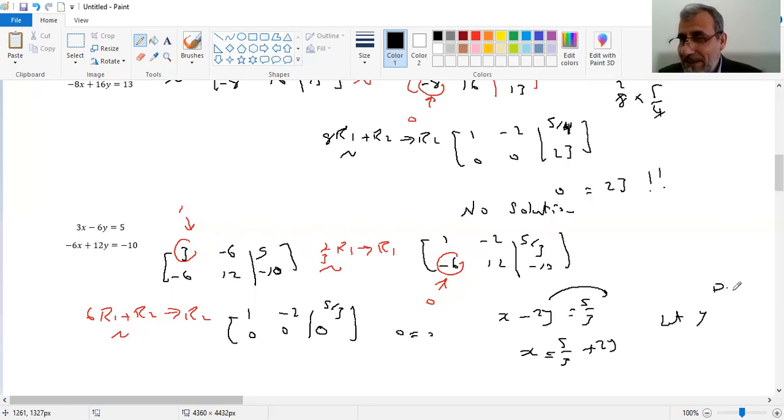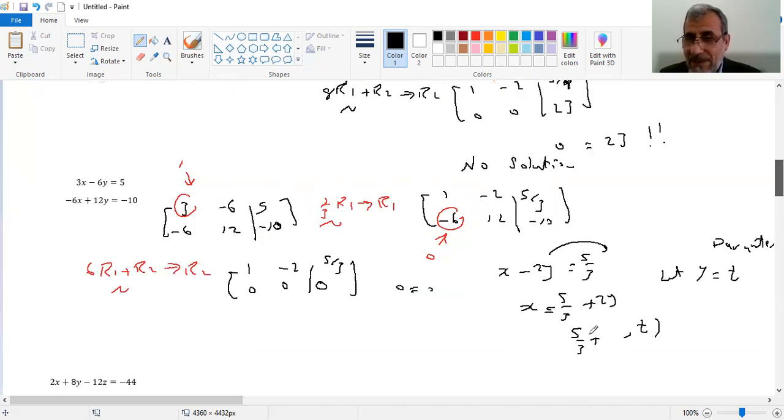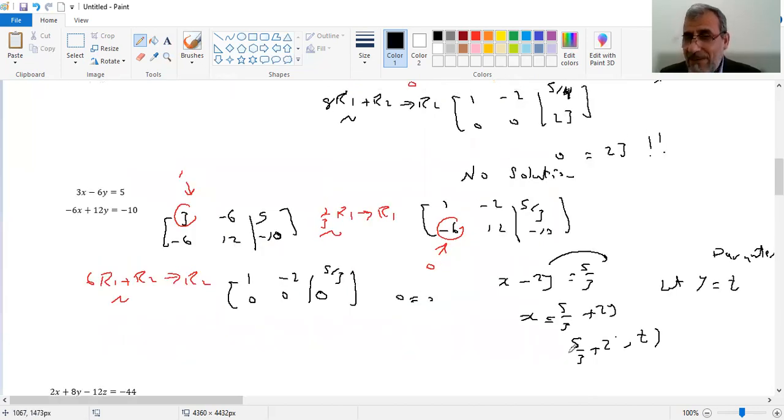Parameter means any real number. That is, y equals t. So I have y equal to t, and x is 5 over 3 plus 2t. So now you have infinite solutions, where t is any real number.